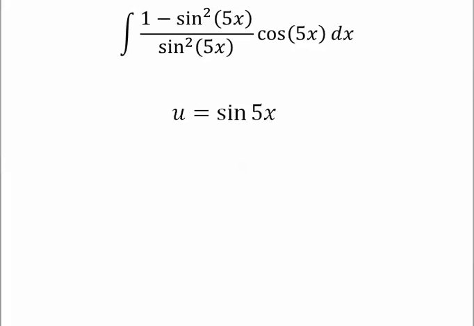So I have that cosine 5x that I pulled out, and everything else is written in terms of sine. So I'm ready to make my substitution. Let u equal sine 5x. And so du equals 5 cosine 5x.